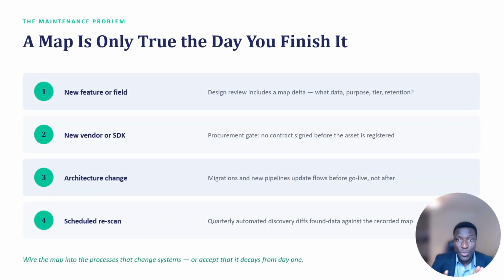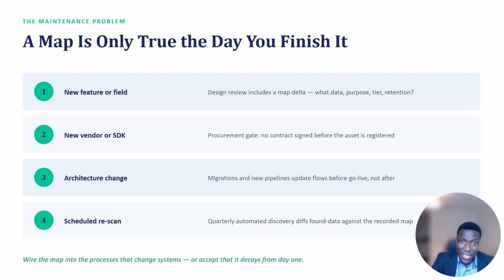The uncomfortable truth about data maps is that they are only true the day you finish them. Systems change weekly and even daily with the surge of generative AI. So a map maintained on an annual basis is just a historical document.